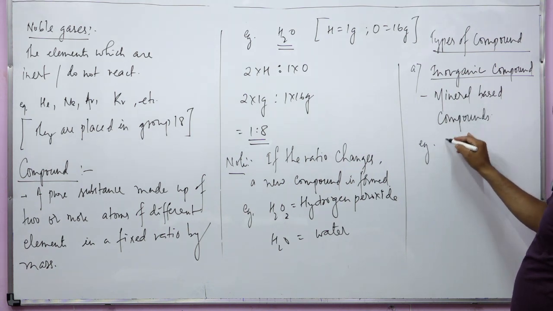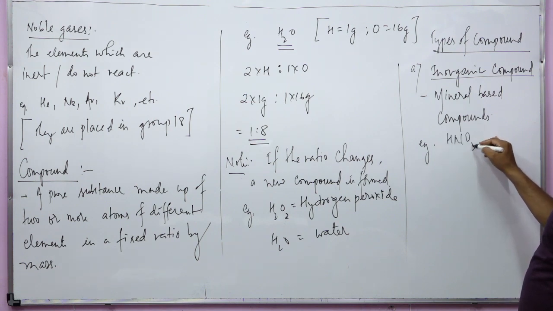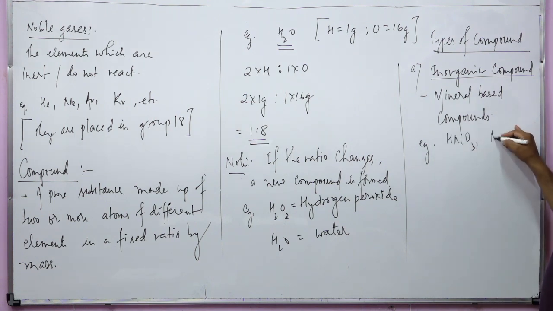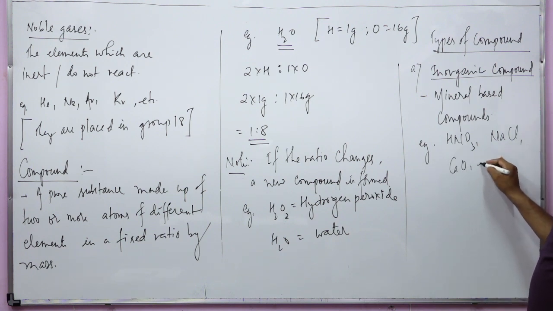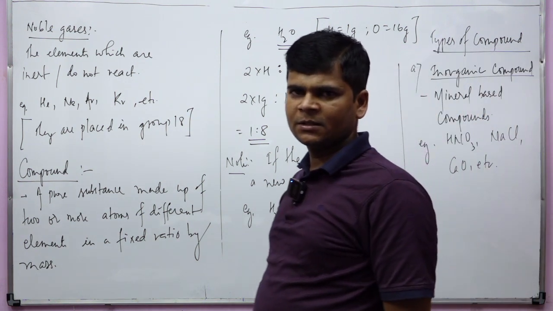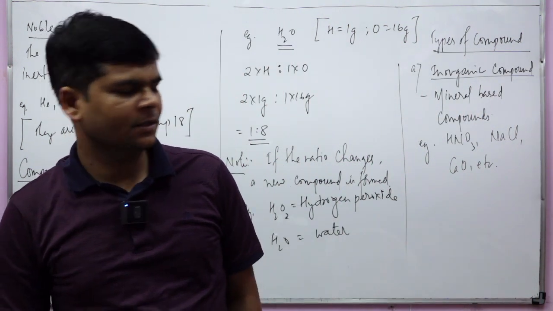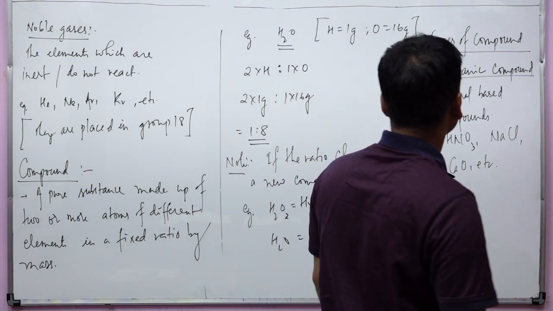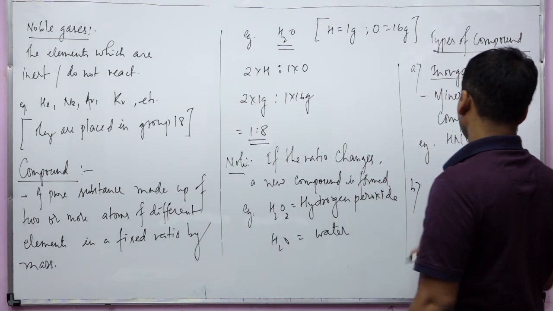You can take, for example, nitric acid or sodium chloride, calcium oxide, etc. These are mineral based compounds made up of inorganic materials, so we call them inorganic compounds.